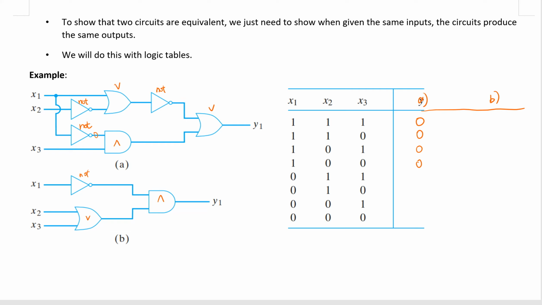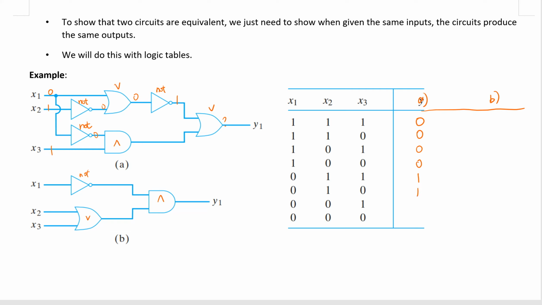So next, x1 0 and x2 1 1. So 0 and then not 1 is 0, 0 or 0 is 0, not 0 is 1. Ooh, 1 or whatever is going to be 1. Okay, so in fact, if x1 is 0, x2 is 1, then the result is going to be 1.